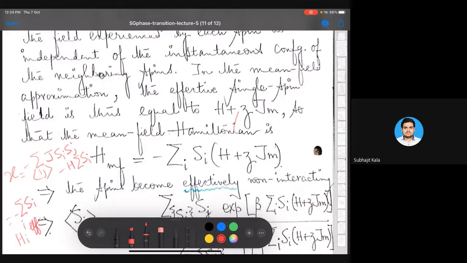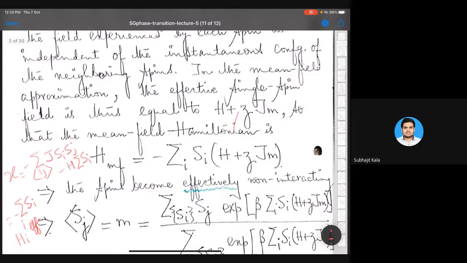Then I told you that this h_i effective is a random variable, so you approximate it by its average. You write it as minus summation over i s_i times the average of h_i effective, and the average h_i effective is h plus J z m. Fine.